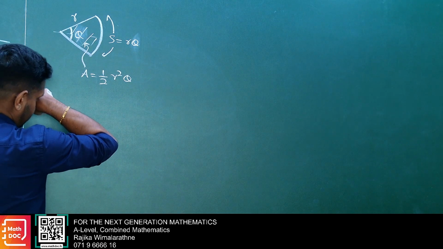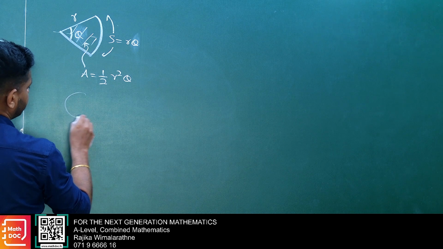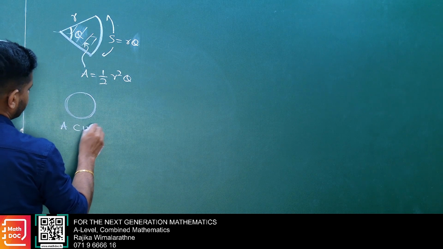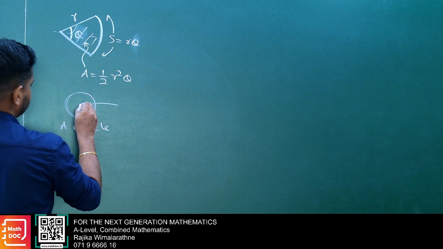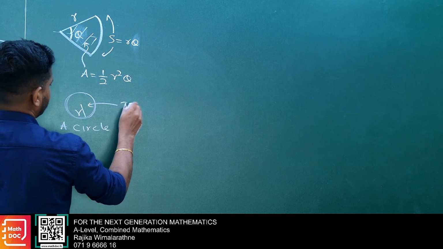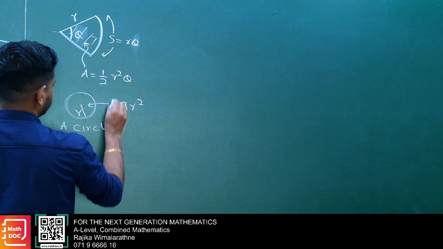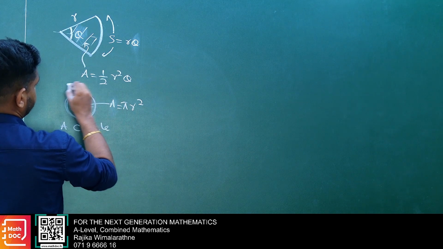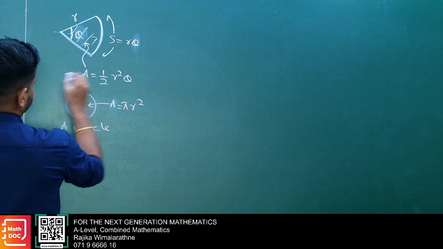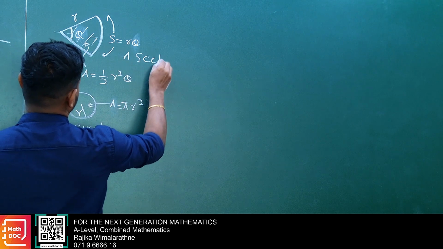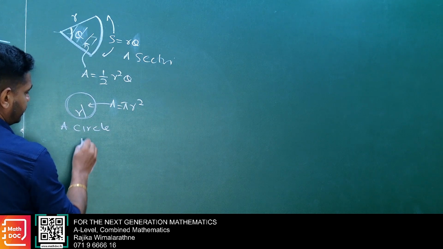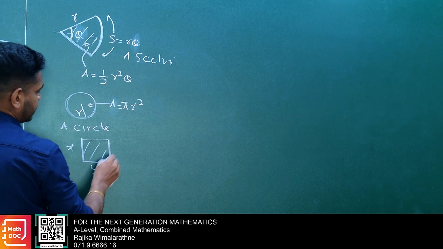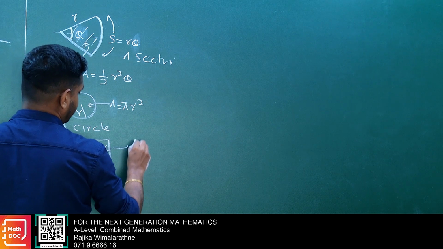Here when you consider a circle with radius r, we know the area is pi r squared. You know square and rectangle, with sides x and y, the area is xy.